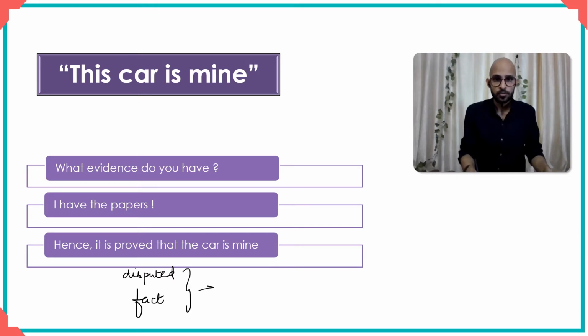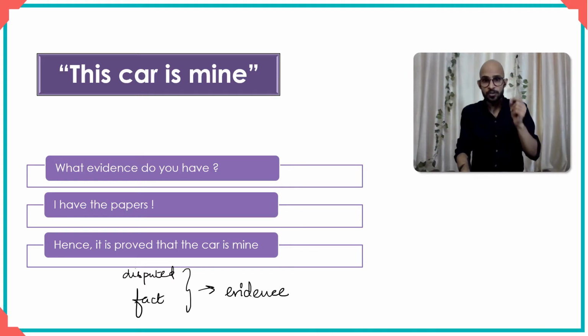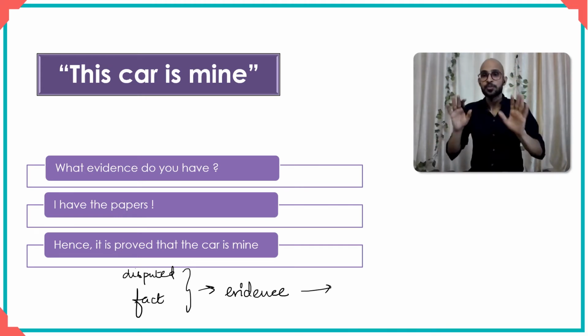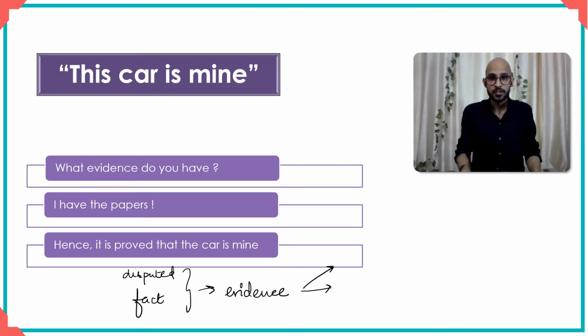You adduce evidence, right? Now, once you adduce evidence, you can have a conclusion regarding the truth or the falsehood of the fact, which is basically the proof of the fact, and that can have three alternatives. What can that be?